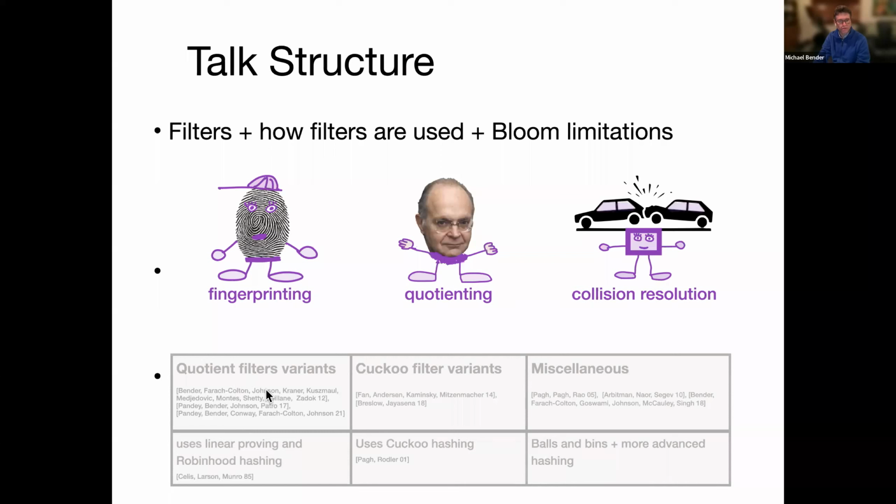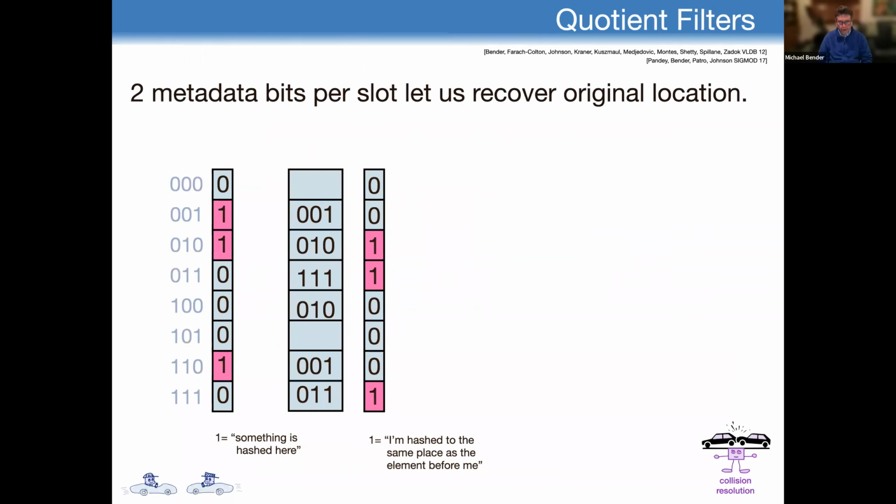So there are quotient filter variants and cuckoo filter variants, which is another kind of filter I'll talk about a little bit, and lots of filters that use different approaches. This bottom column here is different approaches for collision resolution.